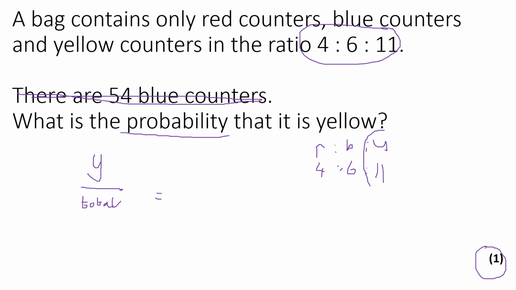So I have got 11 yellows out of, and then my total here would be 6, add 4 is 10, add 11 is 21. So I've got my ratio of, sorry, my fraction even, for the probability as 11 over 21. So yellow over the total.